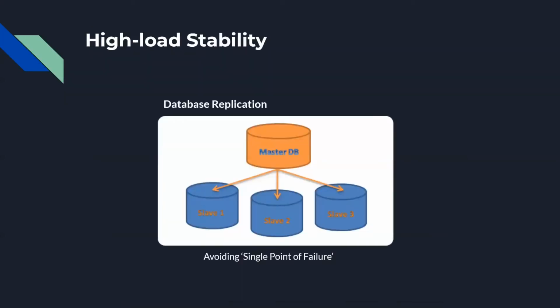Then we go to high load stability. They also said it's the most important for them, and some results could be taken from benchmark testing as well. But they also have database replication, though it's not there by default.